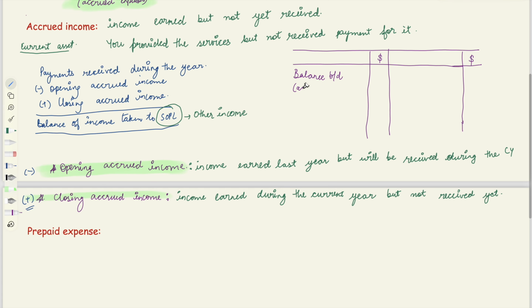This is my accrued income. Okay, balance brought down and carried down are opposite. Balance carried down, this is your closing accrued income. Okay, this is opening accrued, that is closing accrued.